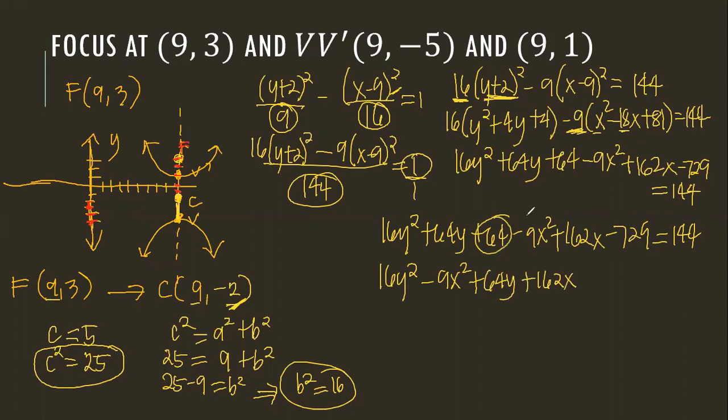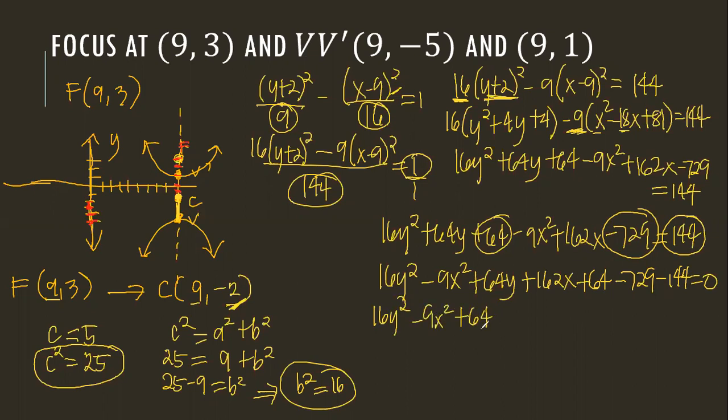So we have 64 minus 729 equals 144. Okay, so if we have here plus 64 minus 729, so pag ipinasok mo yung 144, that will become negative 144 equals 0. Okay, so we have 16y squared minus 9x squared plus 64y plus 162x. Okay, so we have 64 minus 729 is negative 636.